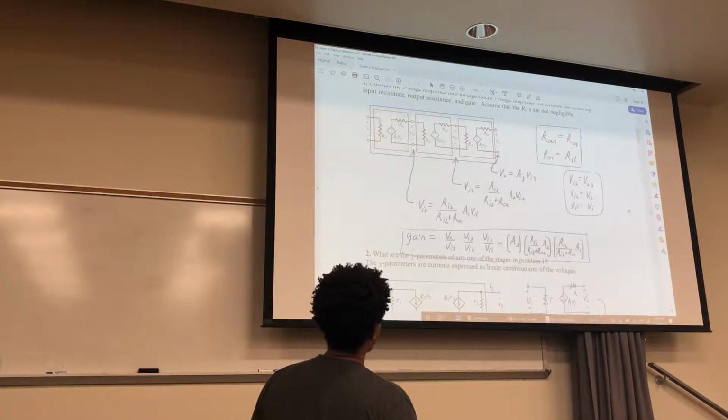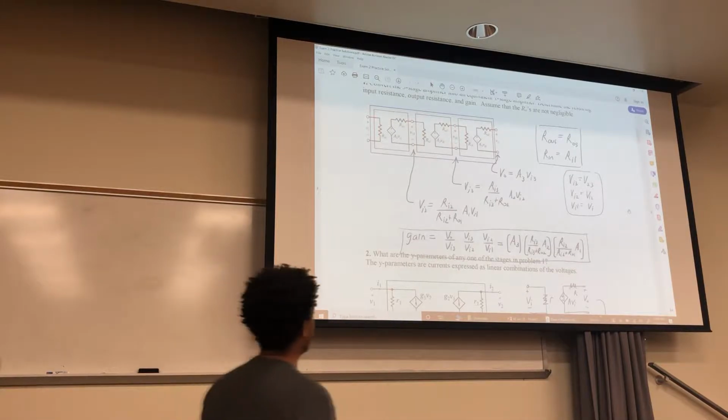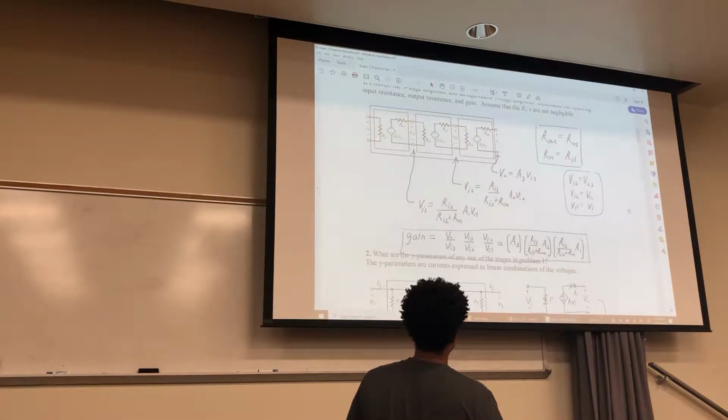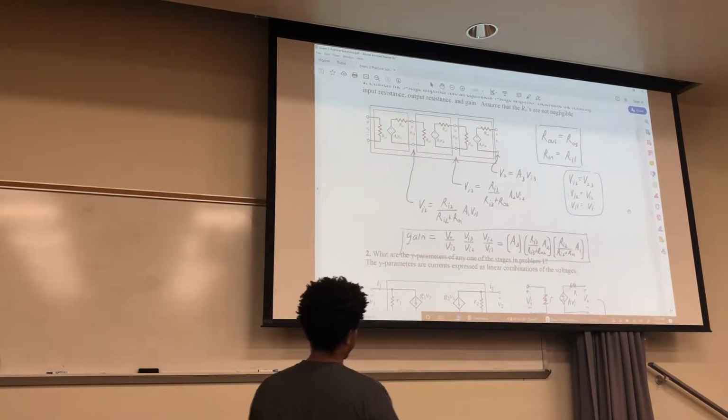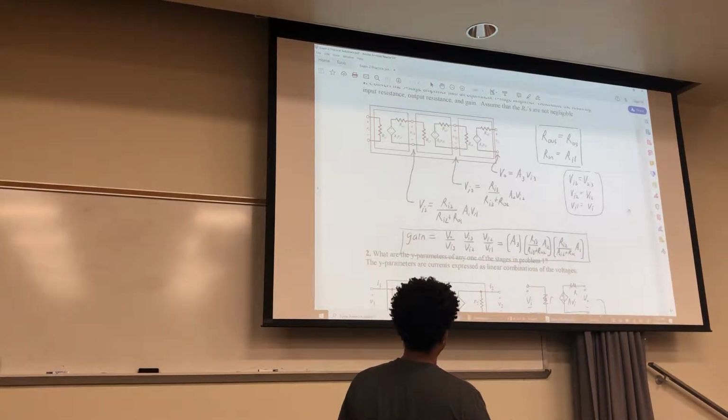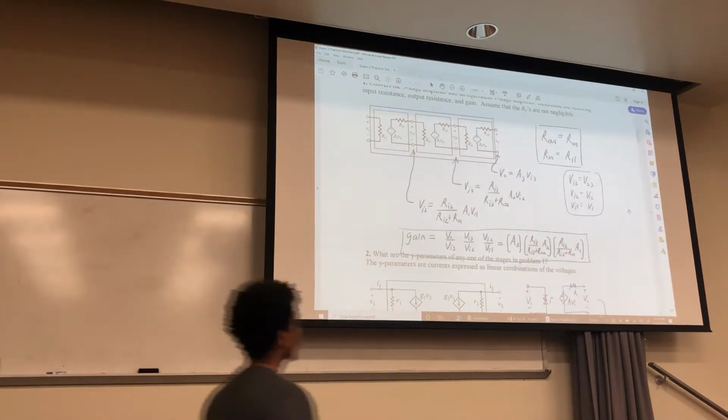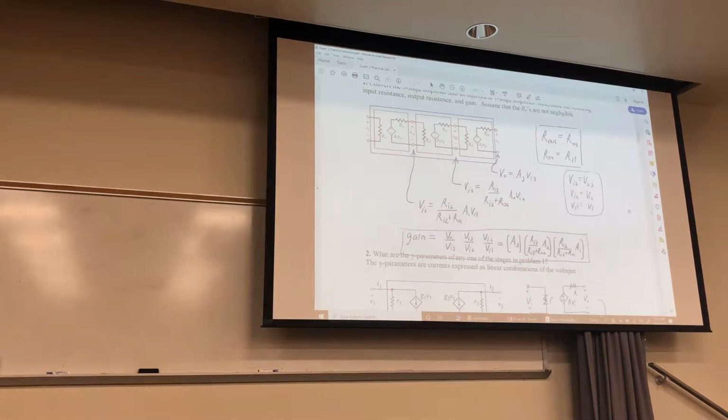If they were negligible, meaning really small valued, then this right here is very small, much smaller than that. So the whole denominator just becomes like Ri3. Same here. Then this ratio becomes 1, and that ratio becomes 1. So the overall gain is just A3, A2, and A1 alone, without the resistors.